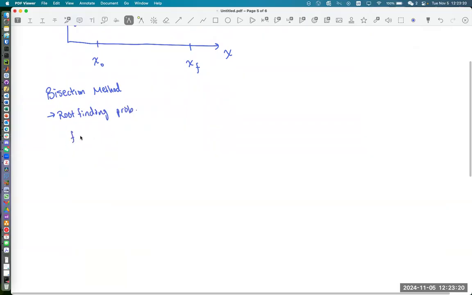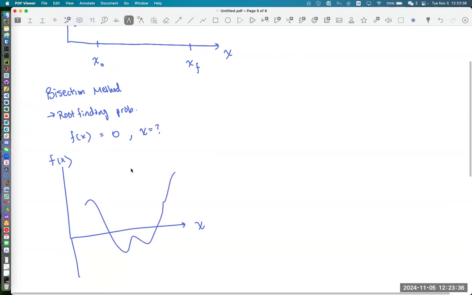For example, if you have some function, you want to find the place of x that makes the function 0. So you have some f and x, and it has some shape. And you want to find the location at which it's 0. What is the x? You do this with bisection method.